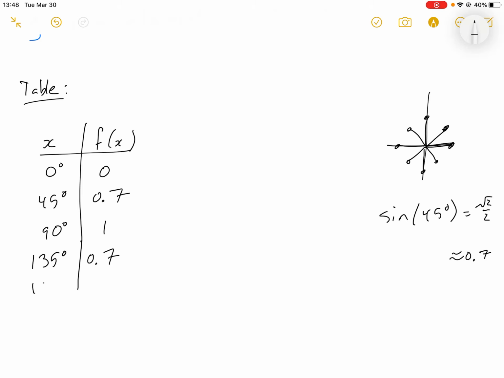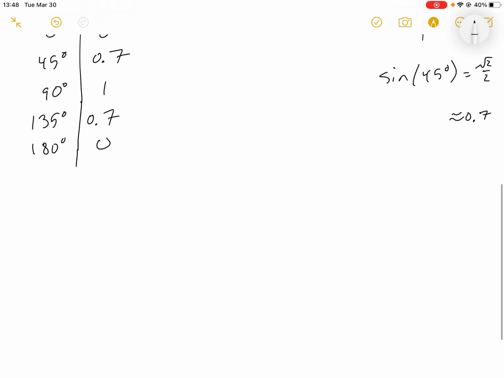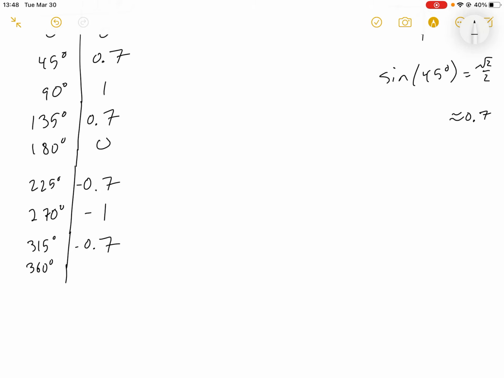And then we're going to have 180 degrees, a half rotation, which will be 0. 225, continuing around the unit circle, will give me negative 0.7. 270 is negative 1. 315, and then a full rotation.